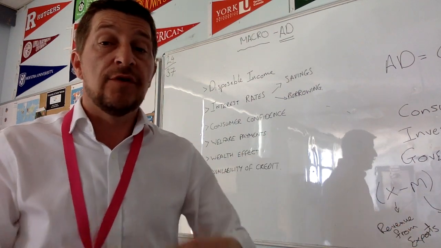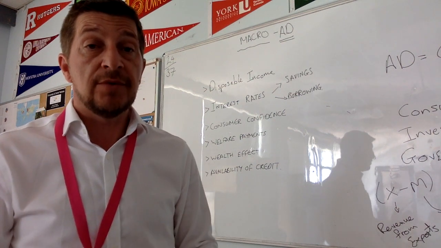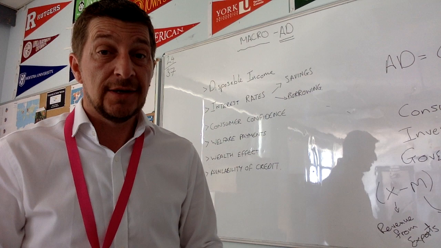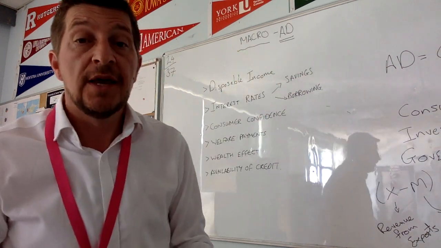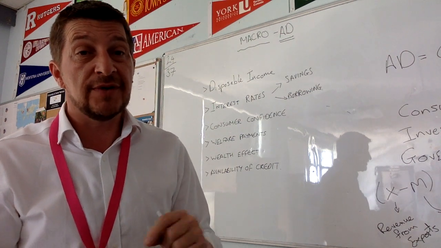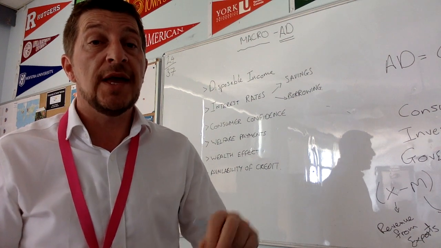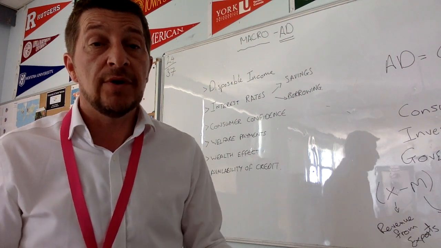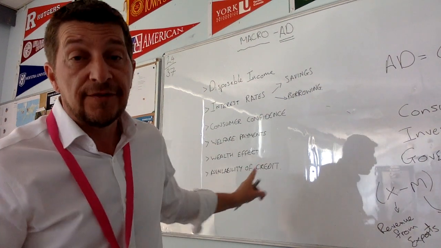However, if the government reduces welfare payments, that means that those people will have less money available, less disposable income available, in order to spend on goods and services. Okay, so the government can also have a direct impact on consumption if they choose to pay their unemployed more or less.